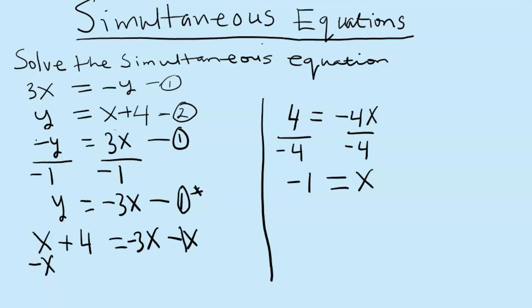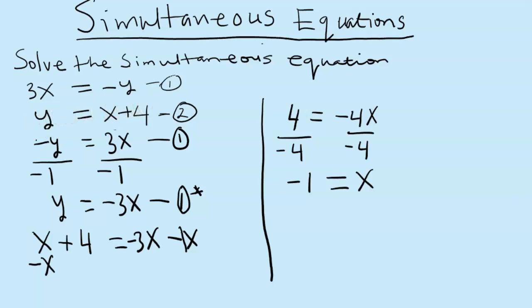After that, we plug this negative 1 into one of the original equations. So we can plug it into equation 2. You can plug it into either of them, but if you plug it into equation 2, it's really simple. There's no negative out there, so you will not face any obstacle along the way.